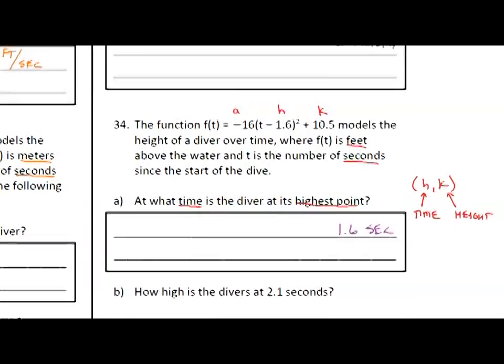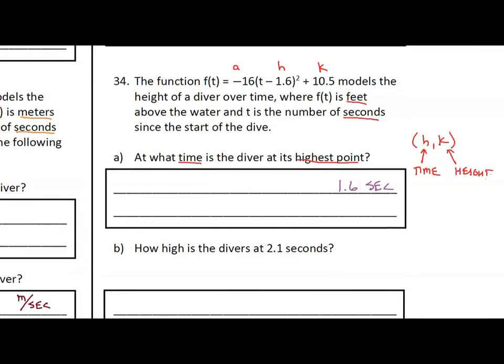That's an evaluate question. You're going to take your function and plug in 2.1 for the number of seconds. So here's what I expect you to do. You should be writing the function value at 2.1 seconds is equal to -16 times. Now I should put all my variables in parentheses. I should do exactly what I teach you all to do.